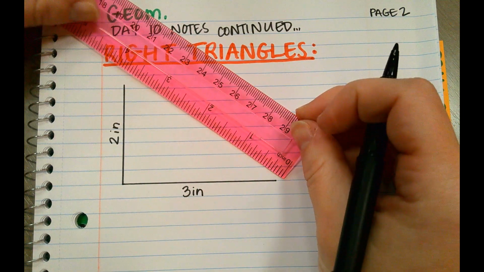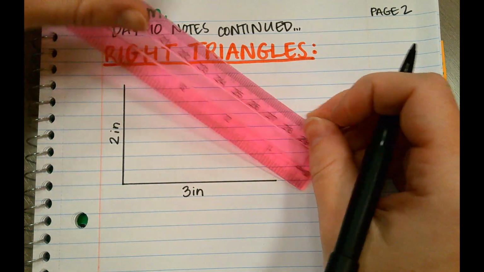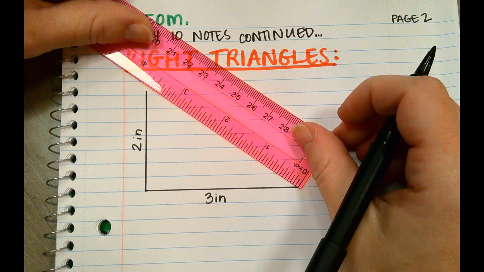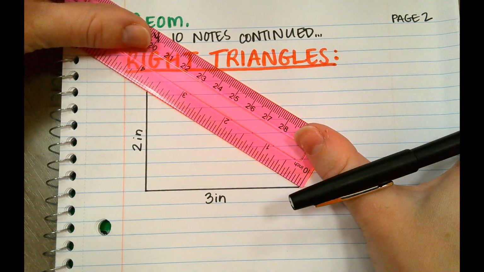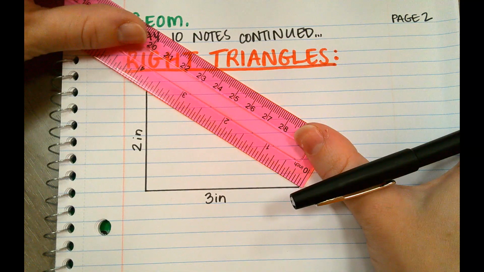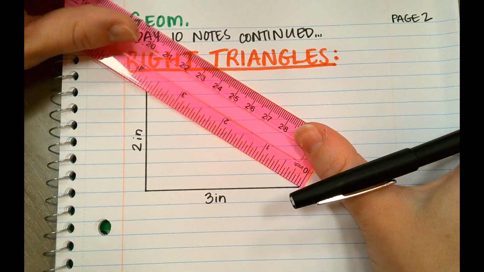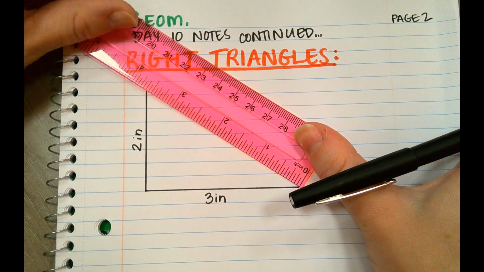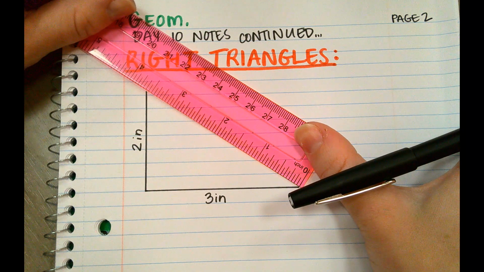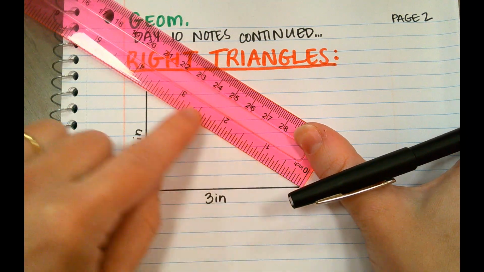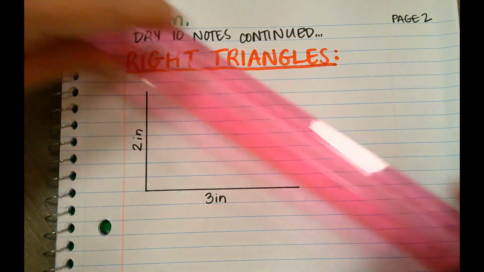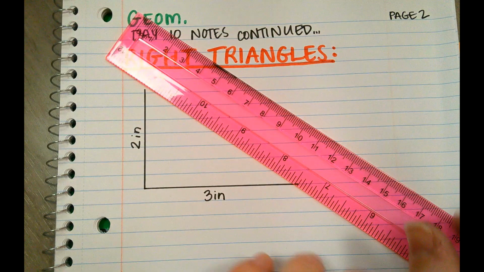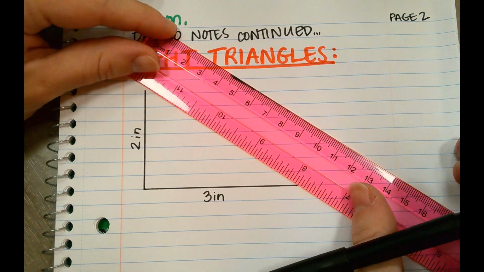Then I'm going to measure and see where the length ends up landing for this one. Now, we're in between measurements. I don't want to use fractions or decimals without knowing for certain. So for now we're going to draw the third side length, but I'm not going to have you write a measurement yet. We're just going to draw the side length, and we're going to learn how to solve for it.